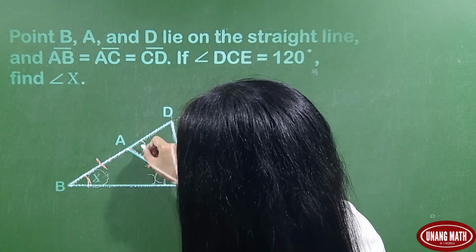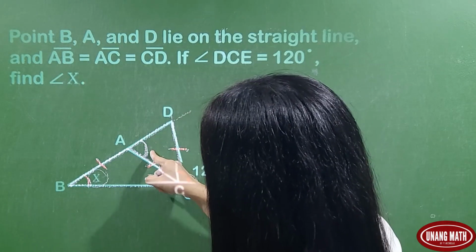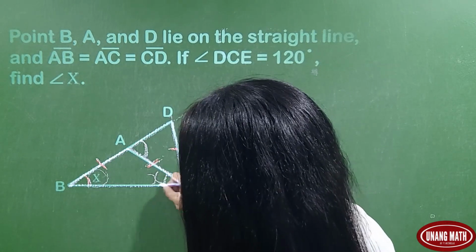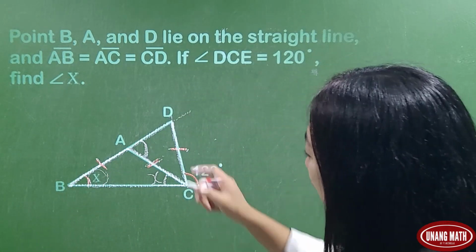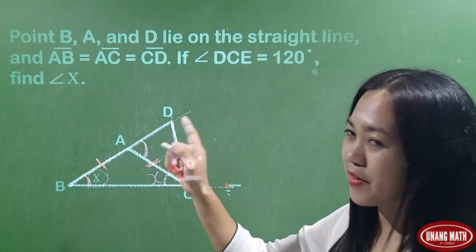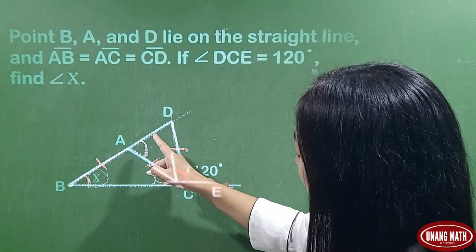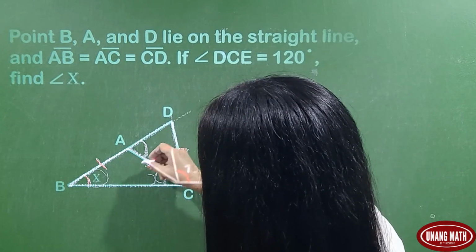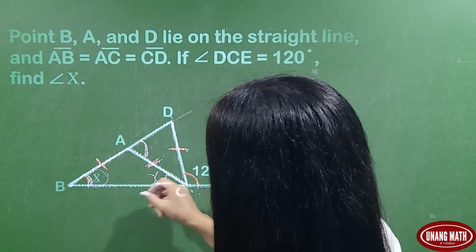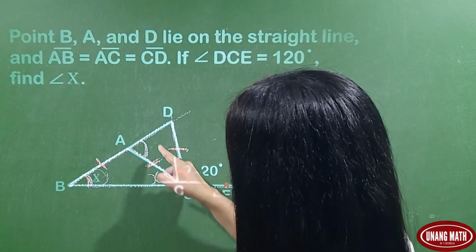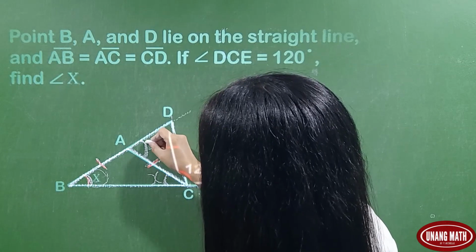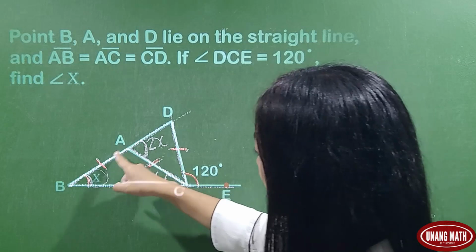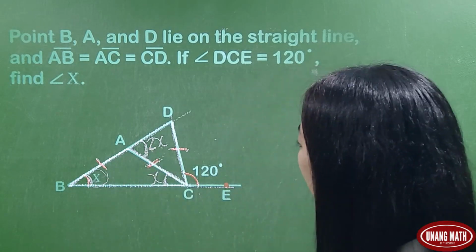Okay, this angle is the exterior angle of this triangle. The measure of the exterior angle is the sum of the two non-adjacent angles. So the two non-adjacent angles are these angles. So x plus x, then that means this is 2x. This exterior angle of this triangle is 2x.